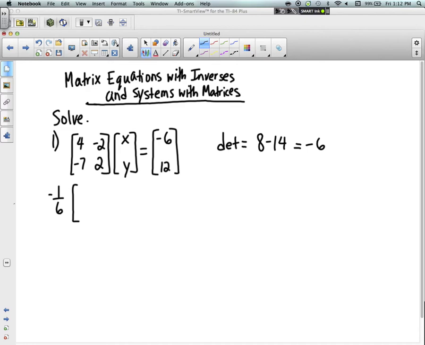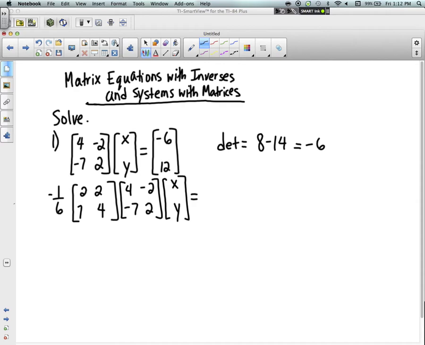Now remember, for inverses, we're going to switch the A and the D, and we're going to change the signs of the other diagonal. So it'll be +7 and 2. Now in the future, we don't have to write out that whole part.